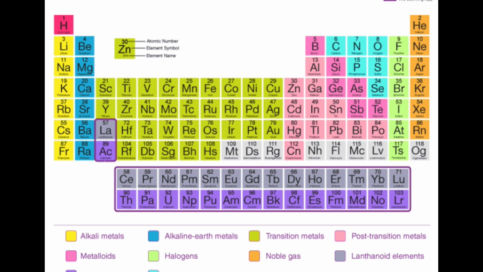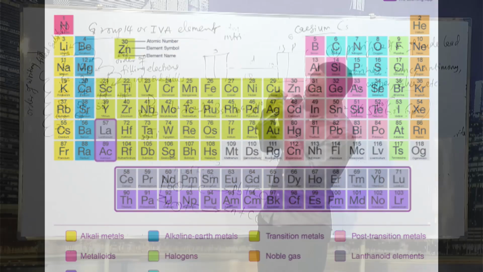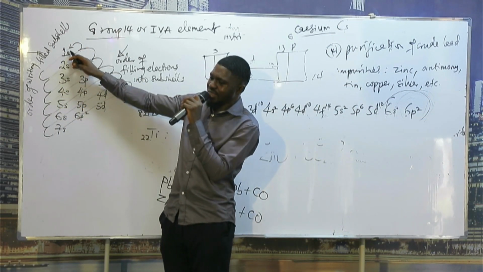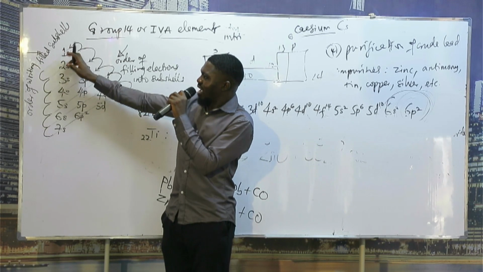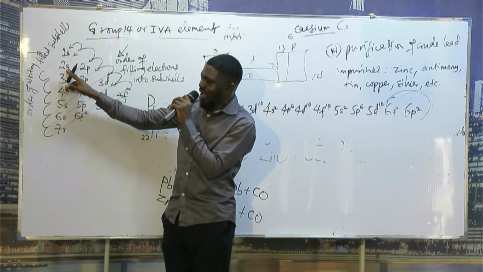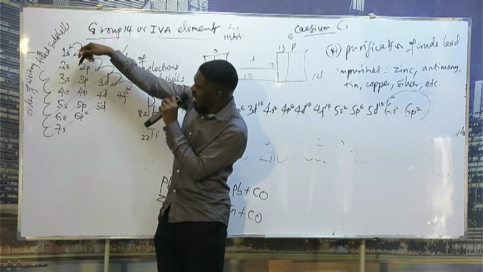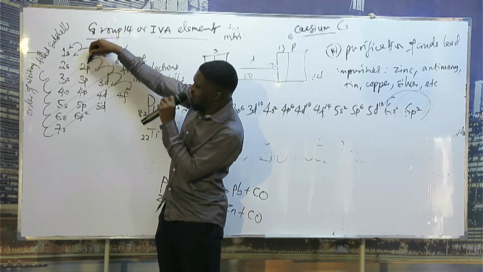Now, look at the mistakes some of you made. Titanium, how many electrons are in it? 22. Everybody look up. How many will I fill in S? After this one, I will come to this one. Every S must take 2, right? Now, how many here? I will fill 6 here.